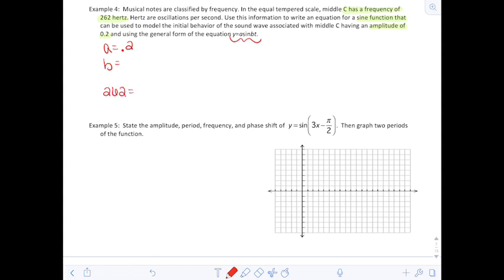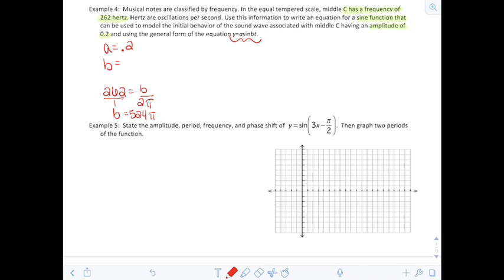262, is equal to, the formula is b over 2 pi. So as I multiply across, like a proportion, if I put 262 over 1, b is equal to 524 pi.